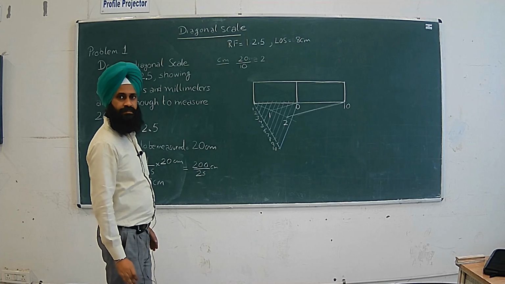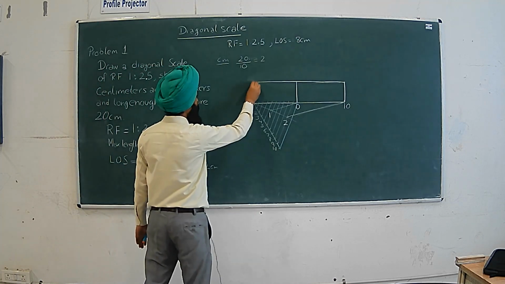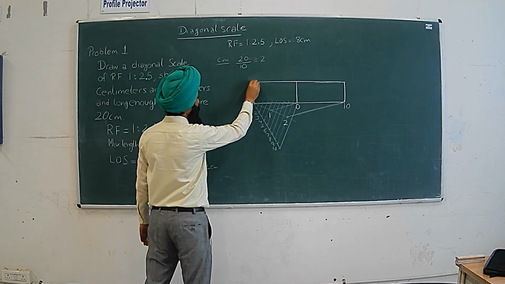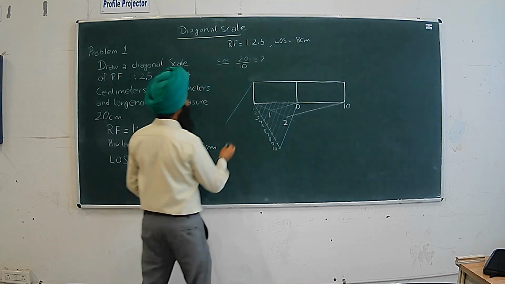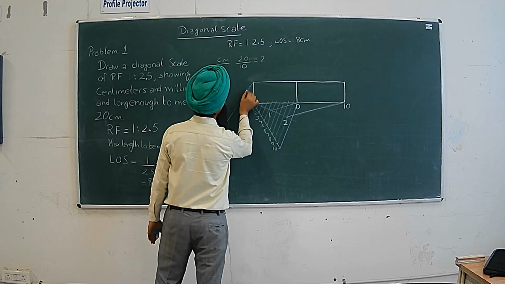Now next step is draw an acute angle over here and divide this acute angle into 10 equal parts.